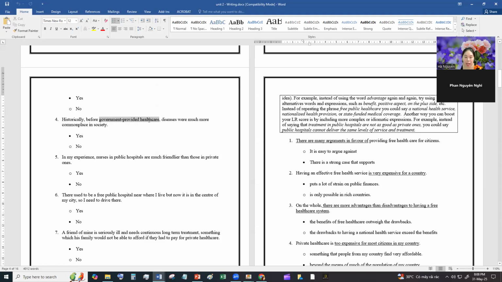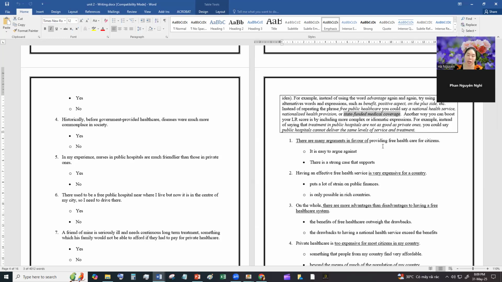So for example, government provided health care. What are some synonyms for that? Yeah, so for example, free public health care, national health service, nationalized health provision, state-funded medical coverage. So what I mean here is when you study, not only doing vocabulary exercises, when you do English exercises in general, you notice the words and think about, oh, what might be possible synonyms for this?